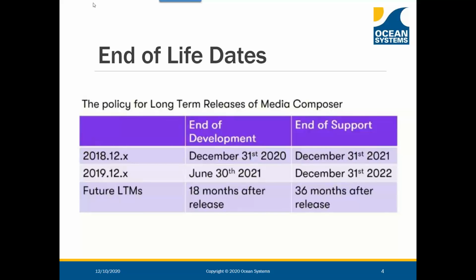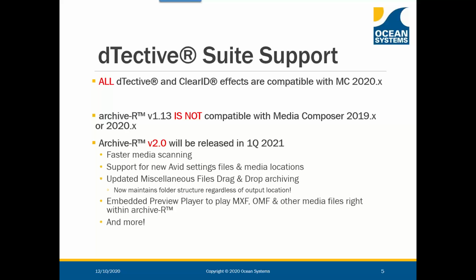That'll be 2 years that 2019 has been out in the marketplace, and they will end support for that in December of 22. 2020 has been out since 2020.4 back in April, introduced some major changes behind the scenes in regards to capabilities, functionality, and efficiencies for everyone that uses Media Composer. So I'm excited to show you some of those here today.